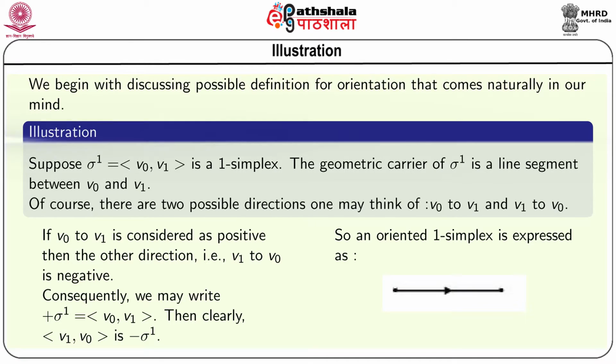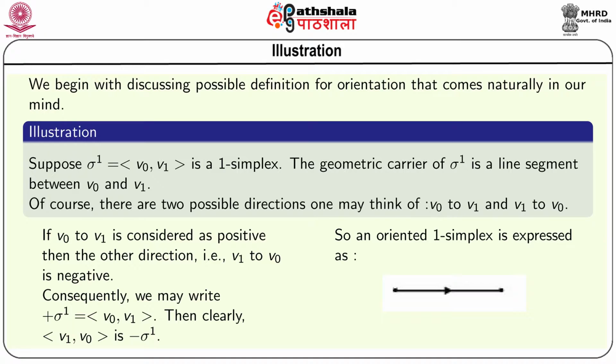Suppose sigma 1 is a one simplex with vertices V0 and V1. The geometric carrier of sigma 1 is a line segment between the vertices V0 and V1. Of course, there are two possible directions one may think of: one is V0 to V1 and the other one is V1 to V0. If V0 to V1 is considered as positive, then the other direction, that is V1 to V0, is negative.